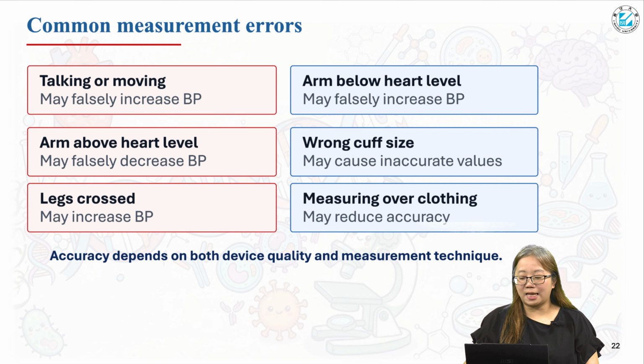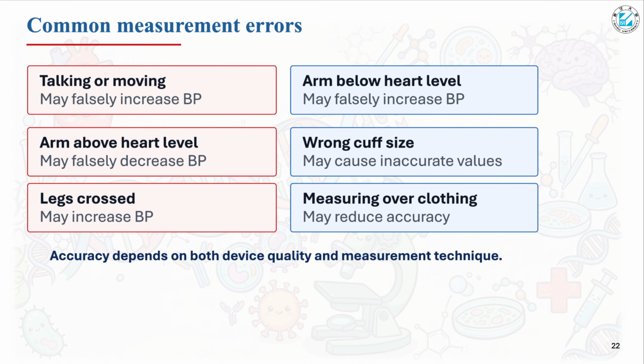Using the wrong cuff size can also cause inaccurate values. Crossing the legs may increase blood pressure. Measuring blood pressure over clothing may reduce accuracy. Therefore, accurate blood pressure measurement depends not only on the device, but also on correct measurement technique.